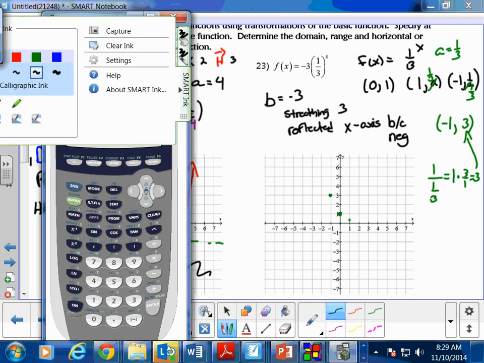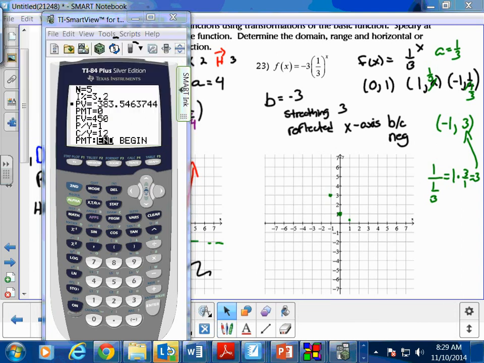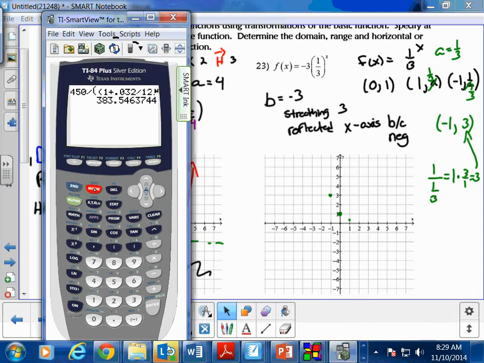So let me go back to this. Y equals, this time we're going to have -3 times (1/3)^x. And let's see how that graph is going to look. And there you go. So you're going to have something like that.